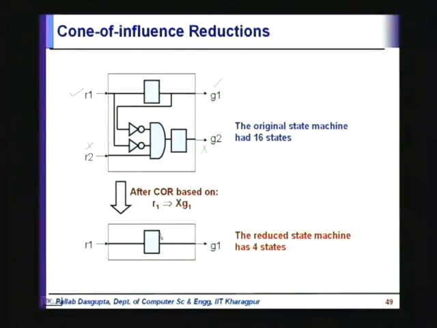All right, that is the cone of influence reduced state machine. So, that state machine will have only this. This part of the circuit will be eliminated, and it is only this one that will remain. And this state machine has only 4 states. Why? R1 and G1. These are the 2 state bits. So, we have 4 states.